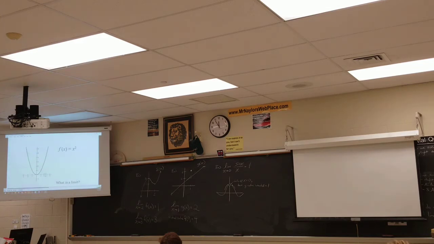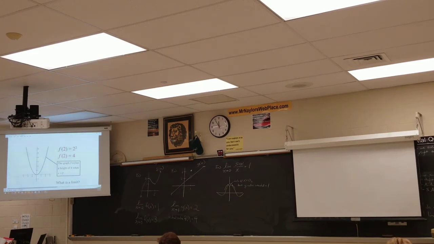Well, it's not very difficult to figure out exactly how high that function is going to be when x equals 2, because all I have to do is plug in that x value into the function to figure out what that height will be. So, if I plug 2 into x squared, I get 2 squared, or 4. This means that the function reaches a height of 4 whenever x equals 2.